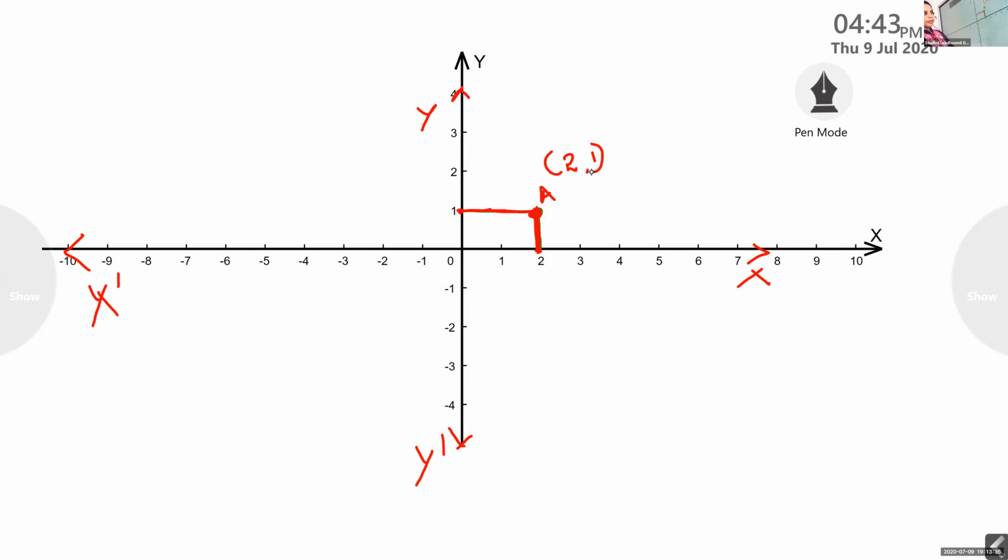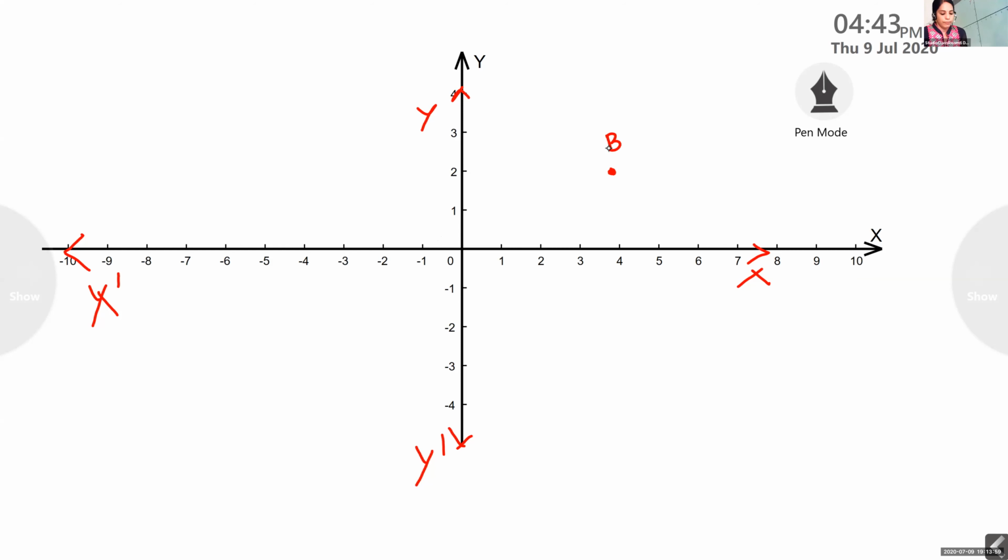Clear? So first you have to take the point and draw downwards, and see where it touches the x-axis. That you have to see. Now I'll show one point. You don't draw, listen to me. This point, point B. We have to locate this point. What is our first step?